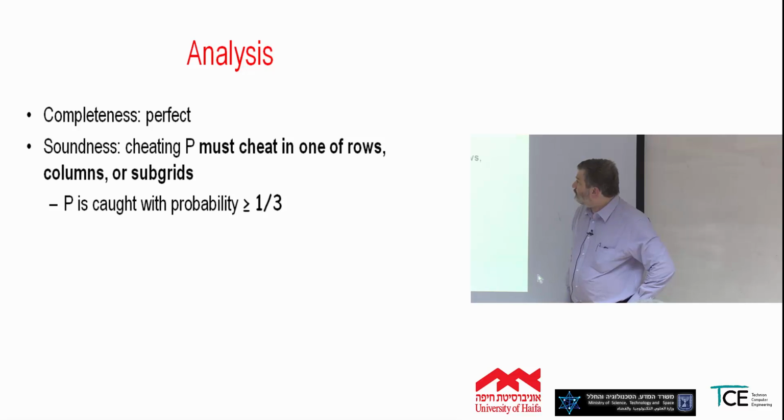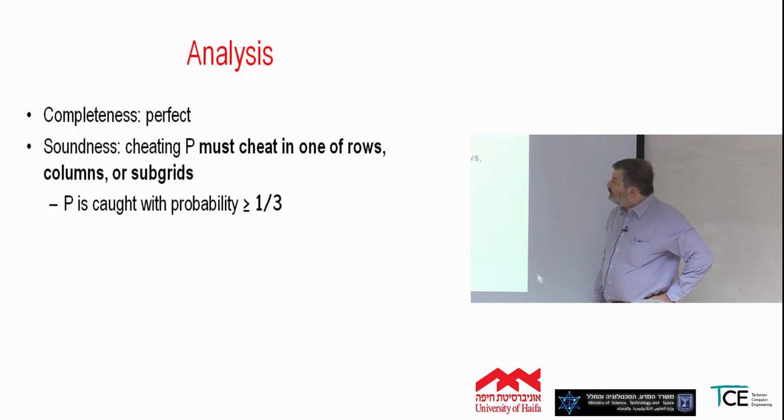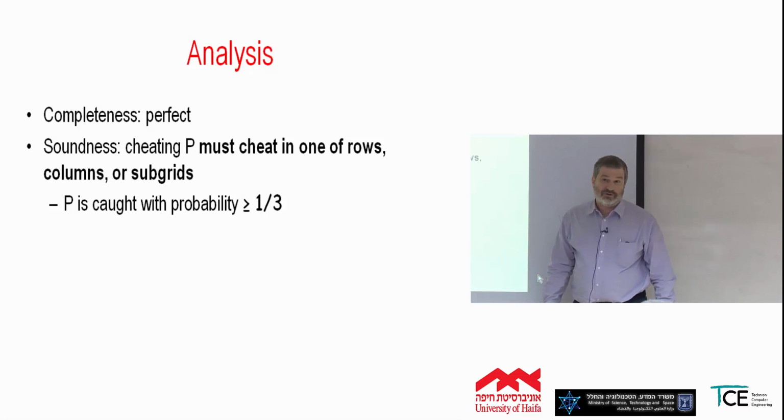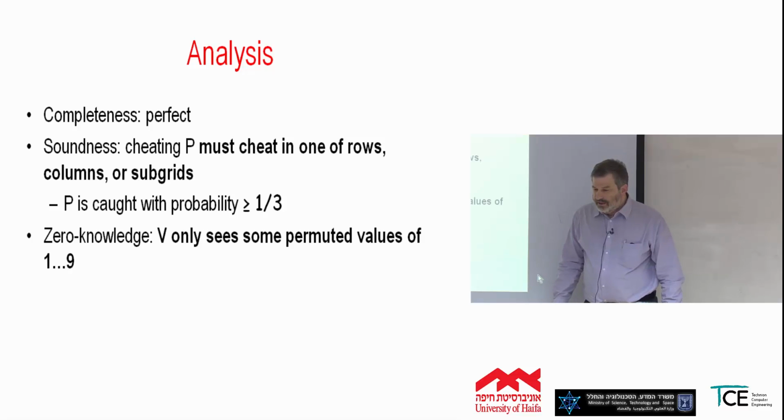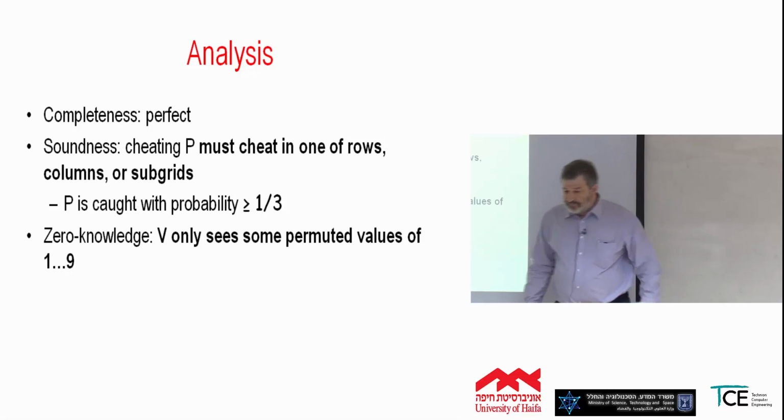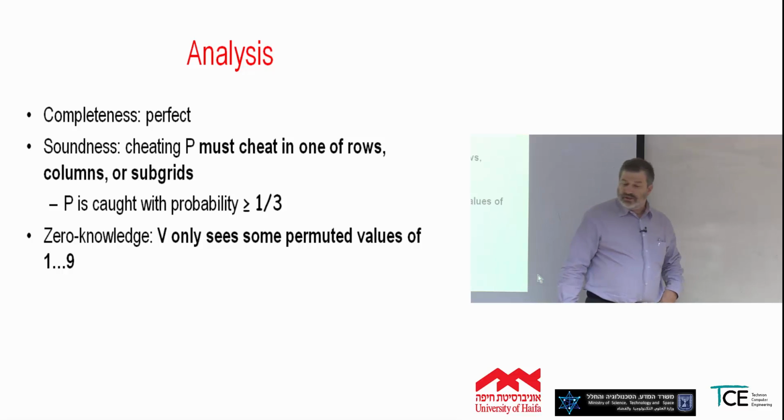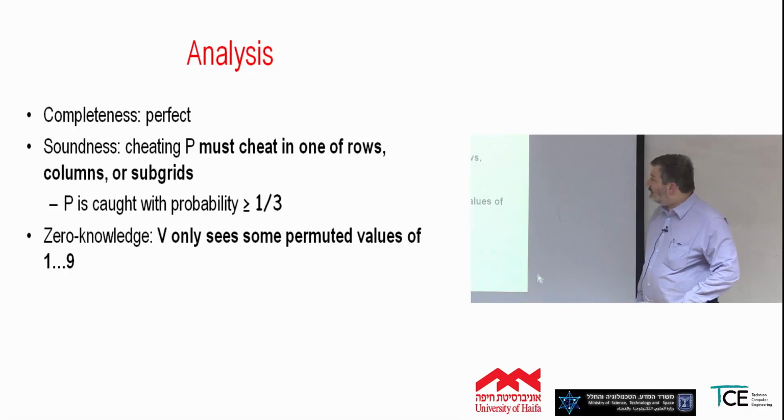Soundness, well, a cheating prover must cheat either in row or in column or subgrid. He can't, if he's good in all of them, then he has a solution. Therefore, he's caught with probability at least 1/3. And in terms of zero knowledge, well, what does V see?